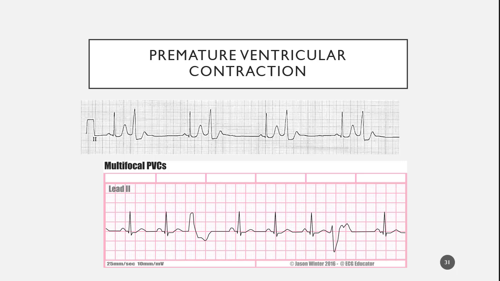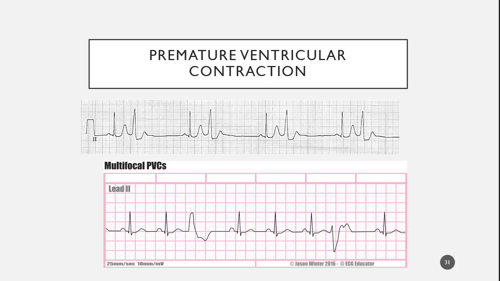This one is also being generated by a cell in the ventricle, but because it is different over here, this one's coming from a different place in the ventricle. So unifocal PVCs come from the same cell. Multifocal PVCs are coming from different cells, again, within the ventricles. Does that help? Good, very good.